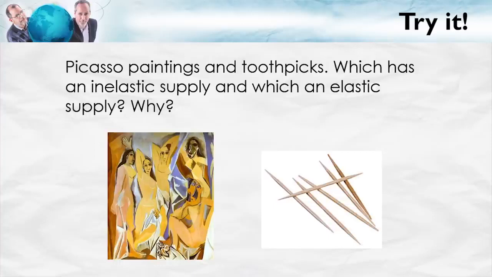The price can go up and up and up, and you're not going to get very many more Picasso paintings. Once again, if the price of toothpicks goes up even a little bit, you're going to get a lot more toothpicks. So the supply of toothpicks is elastic, and the supply of Picasso paintings is inelastic.